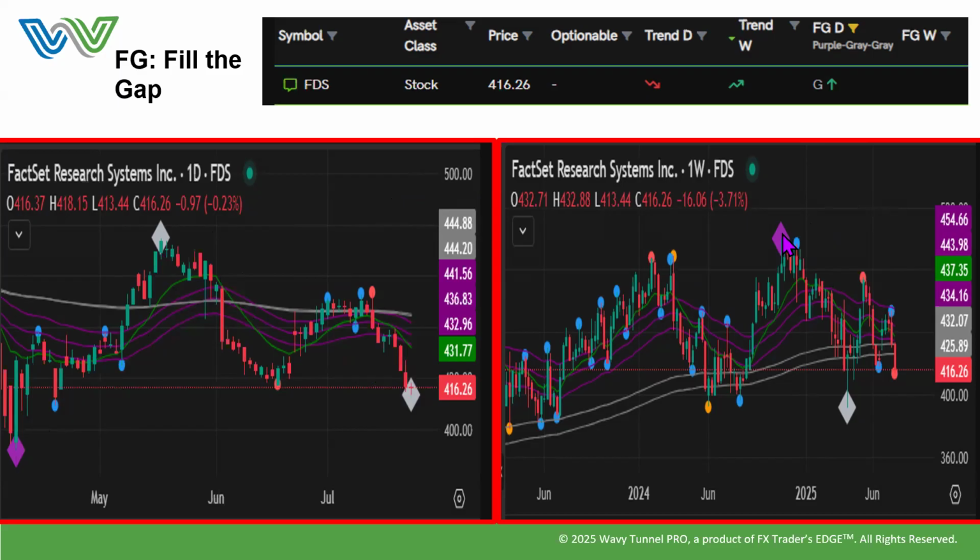Okay. So on the right, we have the weekly. Again, this is very interesting because the weekly trend is up. So the wave is still above the tunnel, but a purple gray just gives on the weekly chart, it's the gray red.